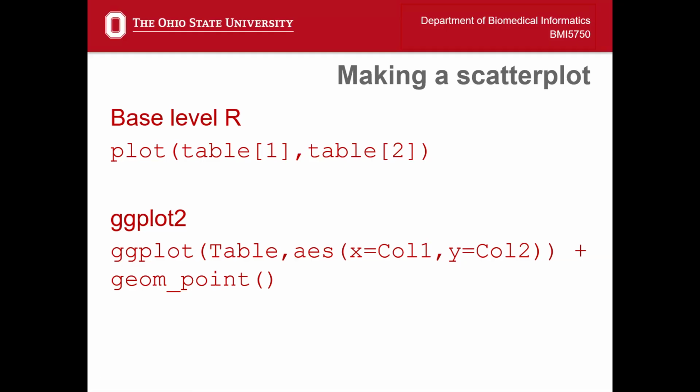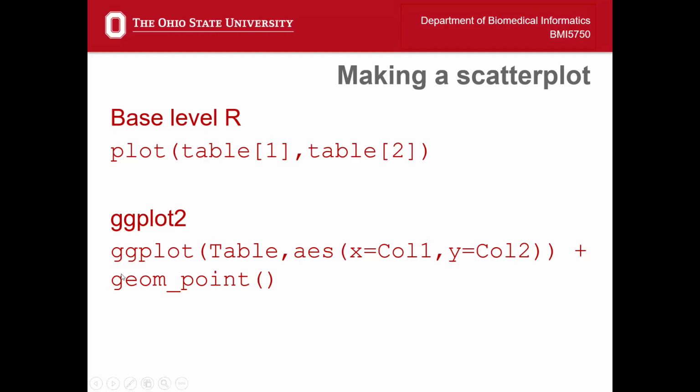We could also do this in that table $ column notation. We would have to know the names of the columns. So table $ column 1, if that's what the column was named, comma, table $ column 2. That would give us the same plot.